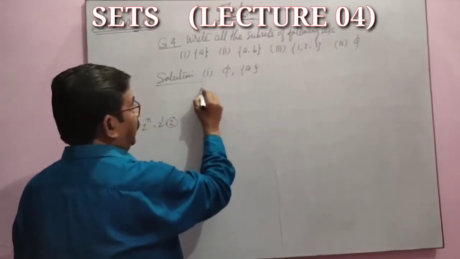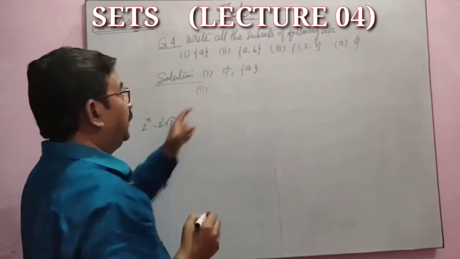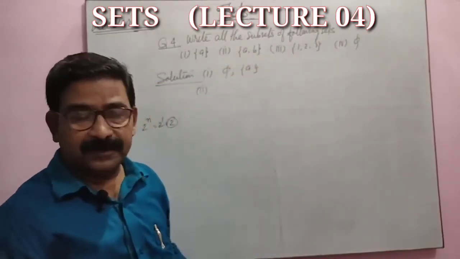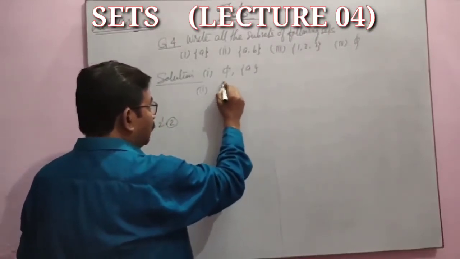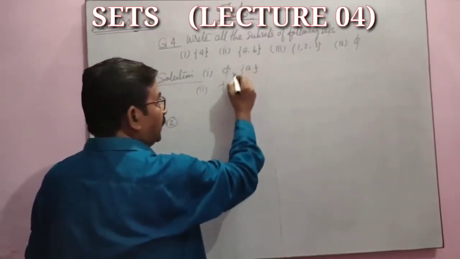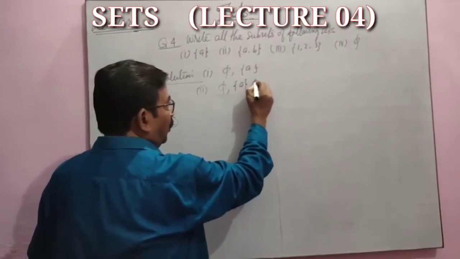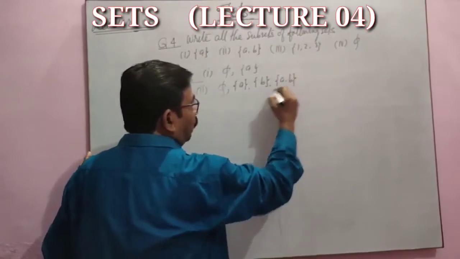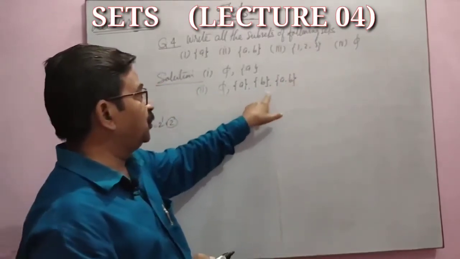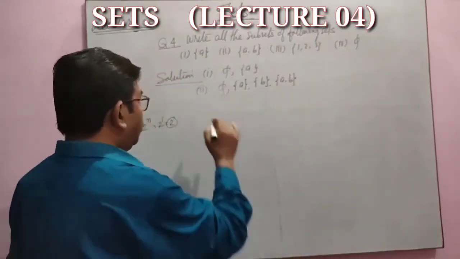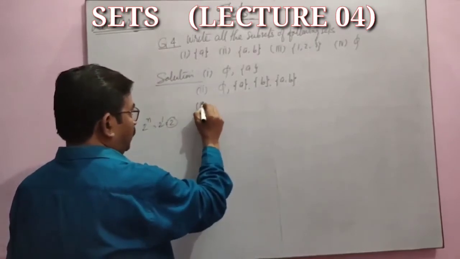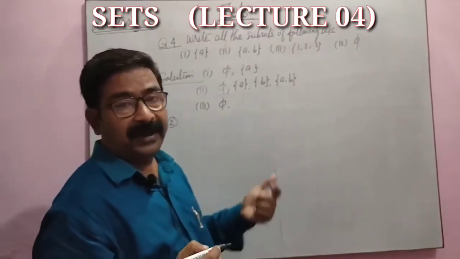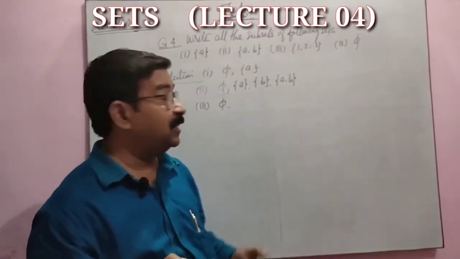Second part: see, A and B, two elements, 2 to the power 2, total 4 subsets. One is phi, then you can write A alone, or B, or A and B both. So we have 4 subsets. In the third part, one of the subsets is phi. I told you, phi is a subset of every set because it is the null set.